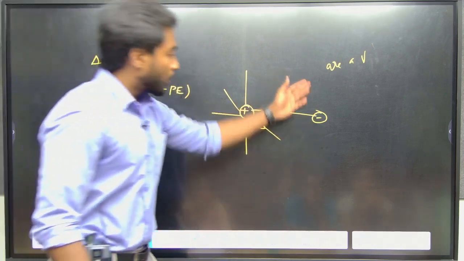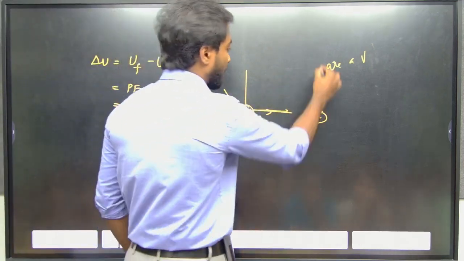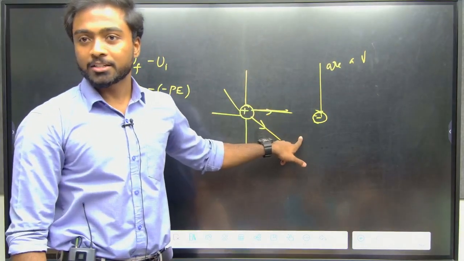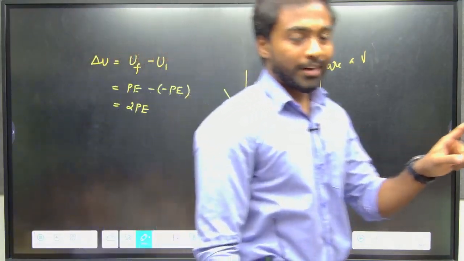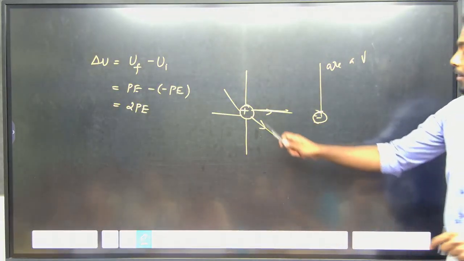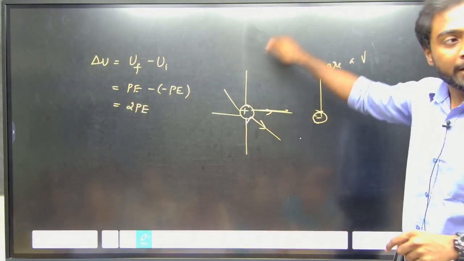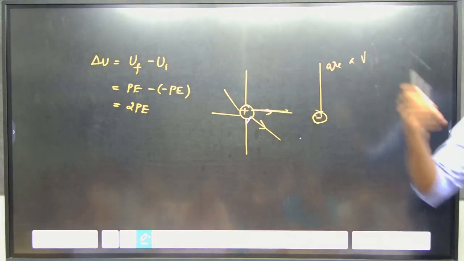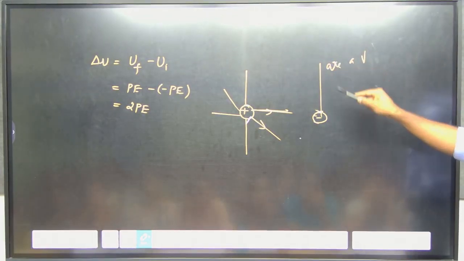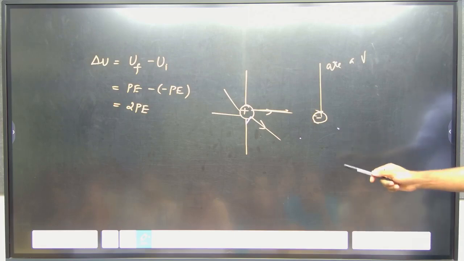But when I talk about only a negative charge, the lines come from infinity and terminate at the negative charge. Understood the point? So when I talk about only positive or only negative, it originates at positive and terminates at infinity, which means at infinity a negative charge is there. Here at infinity a positive charge is there, and it terminates at the negative charge.